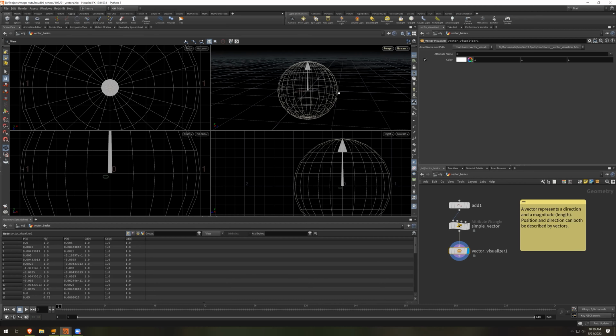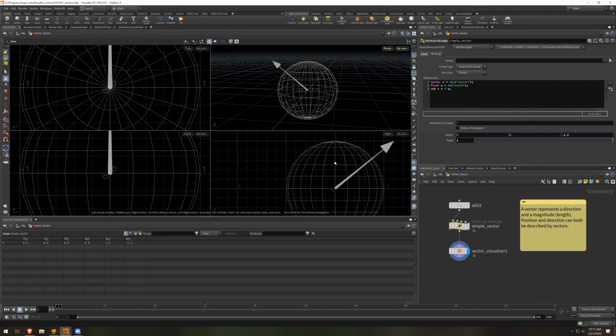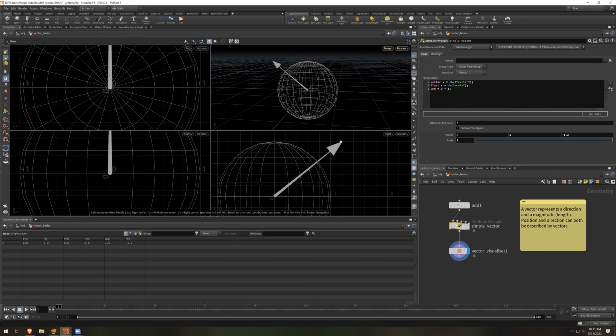If you grab this simple VEX node and drag the scale around or drag the vector direction around, you'll see that it's an arrow that points to a certain point in space. So I could say negative 1.2 here, and you can see that it's pointing to negative 1.2 and it's 1 in Y. It's a point in space.